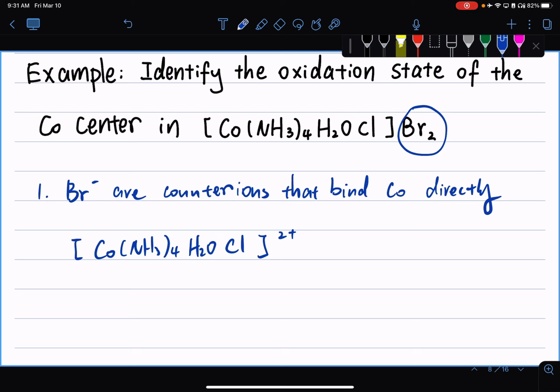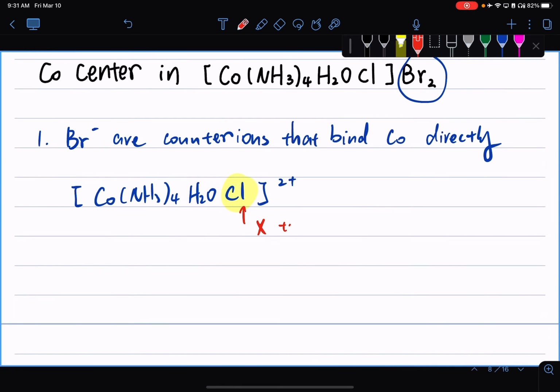And then we can go into that transition metal complex and identify different types of the ligand. In here, chloride is our X-type ligand, or anionic, so this will have a -1 oxidation number.